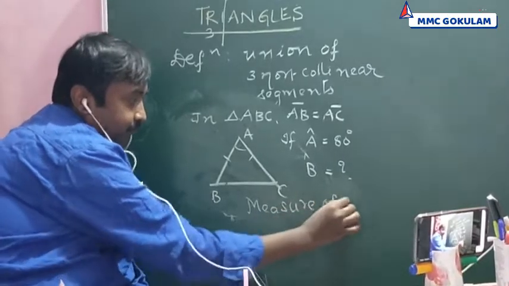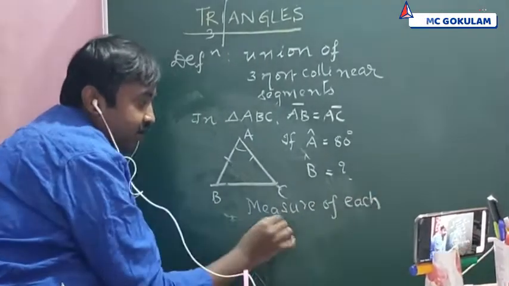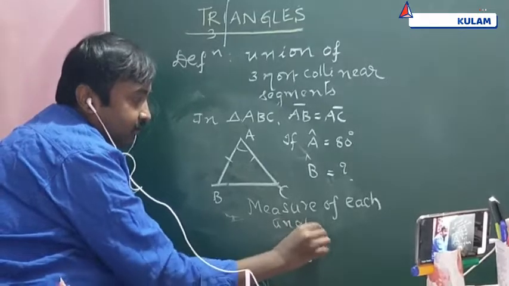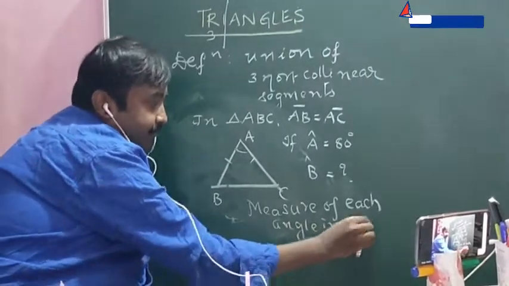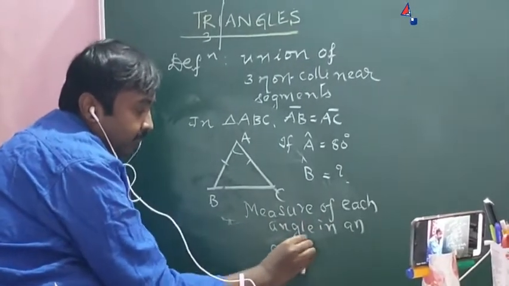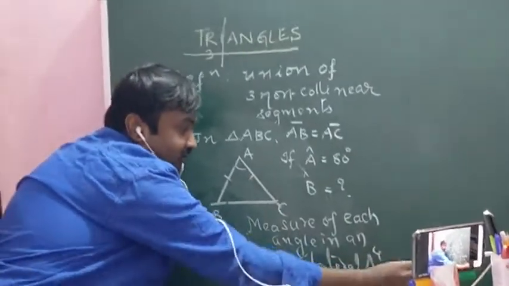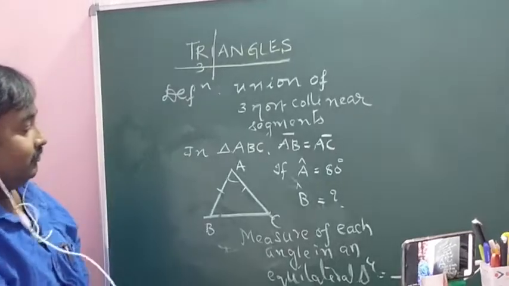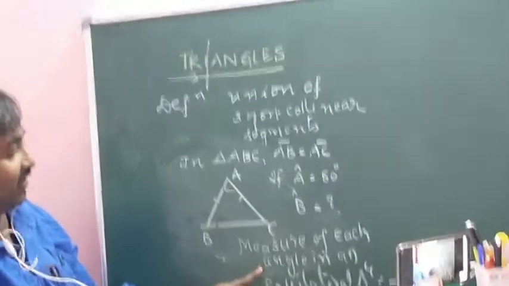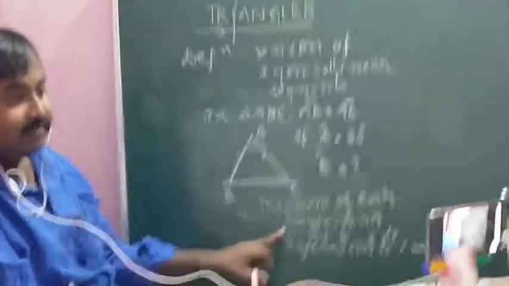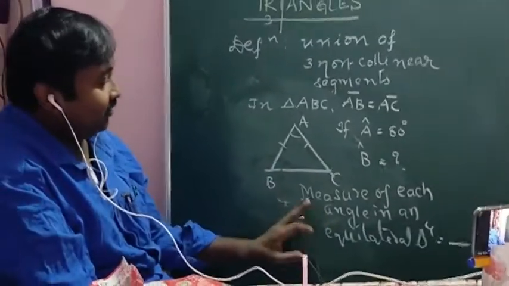Second question. Measure of each angle in an equilateral triangle is dash. What is the measure of each angle in an equilateral triangle? So think about that.